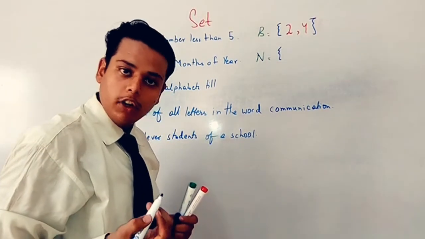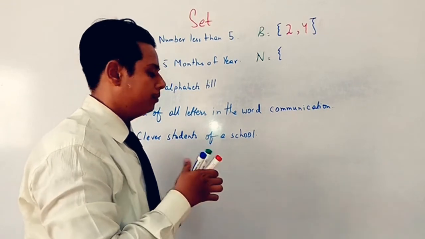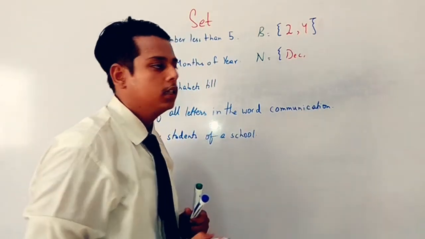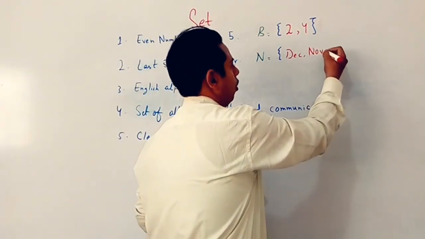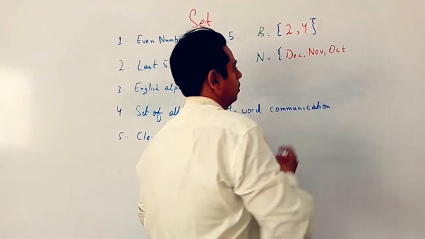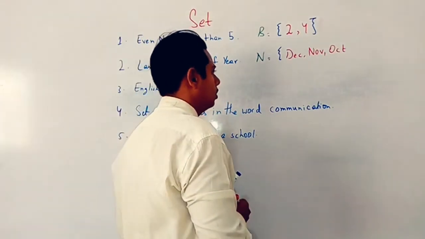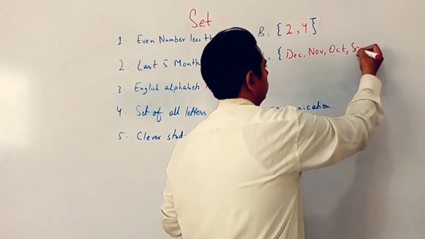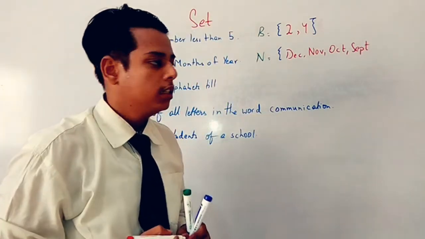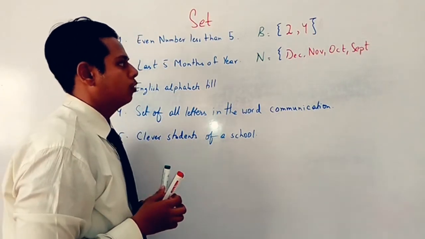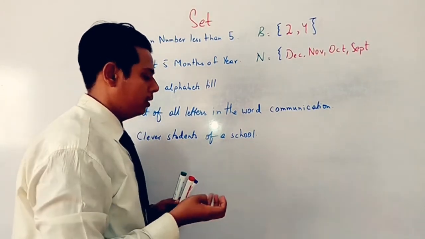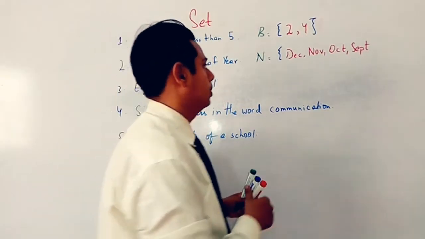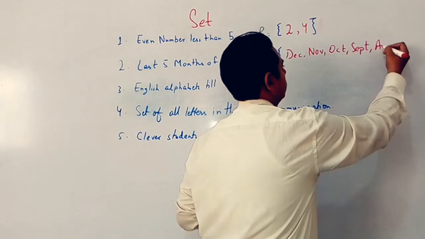Curly bracket for starting the set. And what will come? December, November, October, September, and the last one is August.